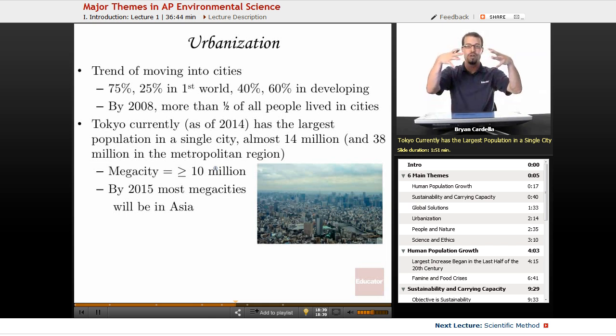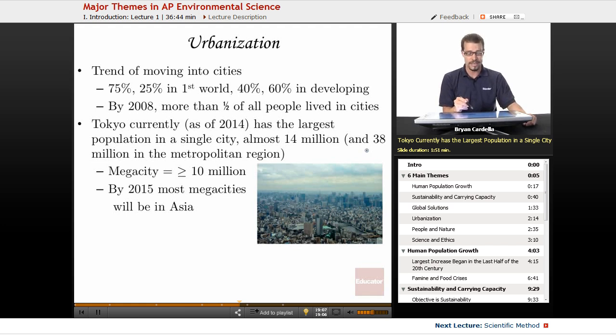But if you include the neighboring areas in what's known as the LA metropolitan region, areas like Compton and Venice and Long Beach and places like that, the larger LA metropolitan region is well over 10 million people. So if we include Tokyo beyond just the huge skyscrapers we see in the middle, we're talking 38 million.